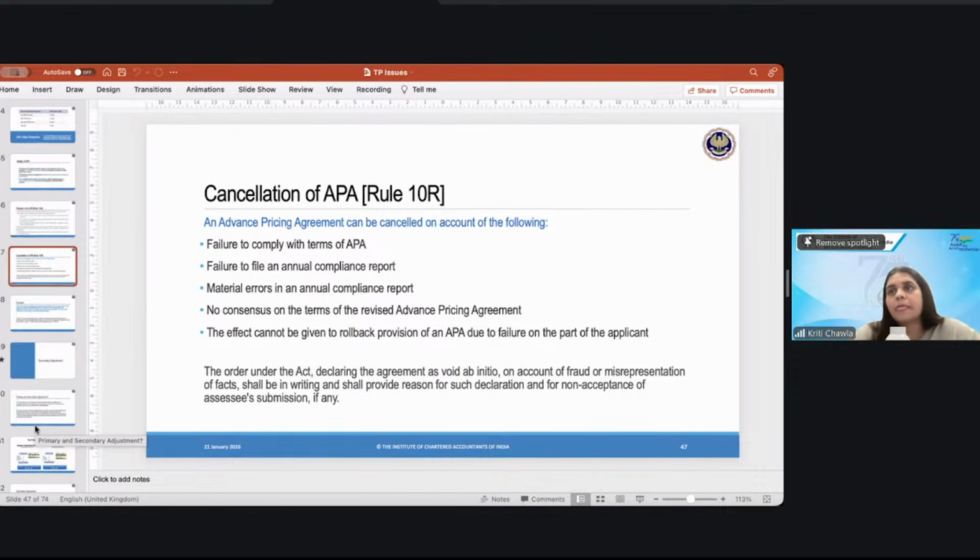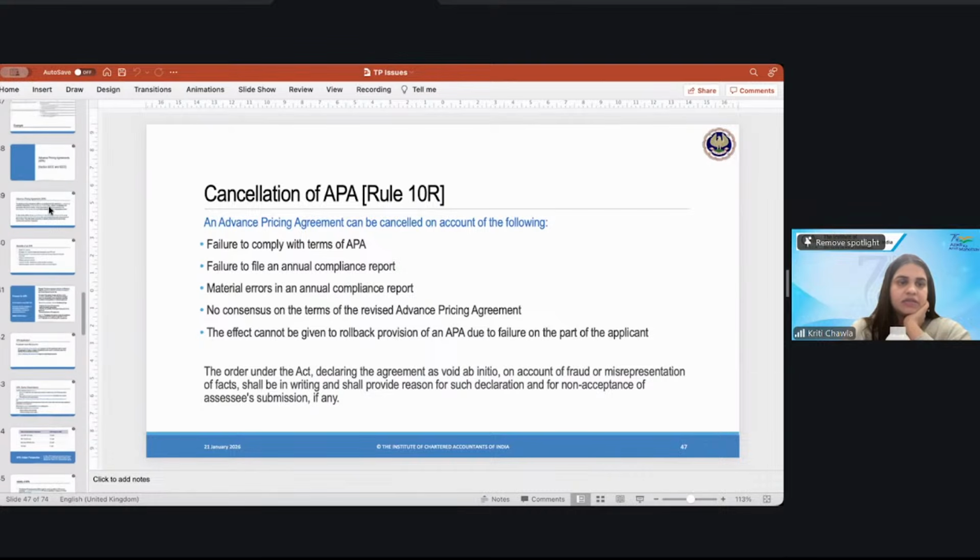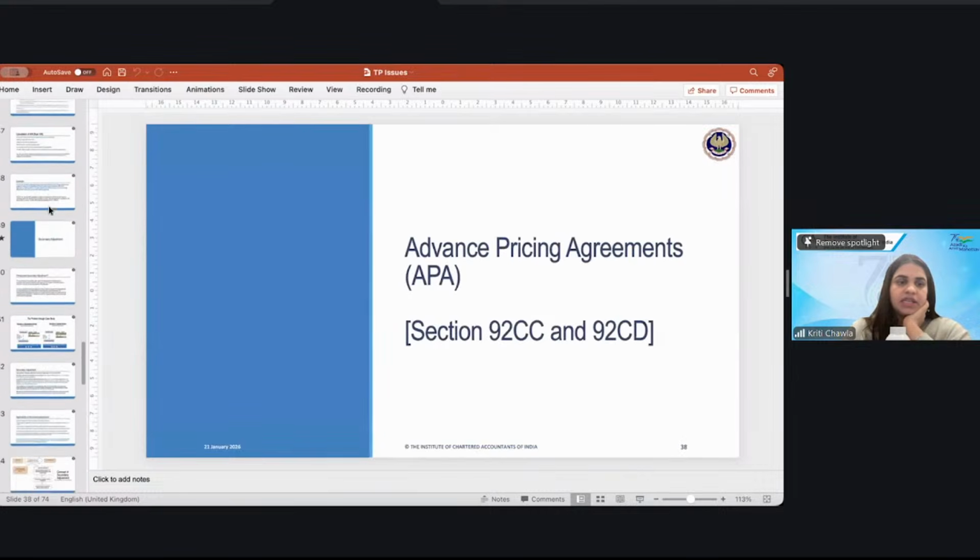If the APA is already entered into, and you want to revise it, but no consensus is achieved, then also it can be cancelled. And if the APA has been achieved because of fraud or misrepresentation, then it will be void ab initio. So yeah, that's basically APA.